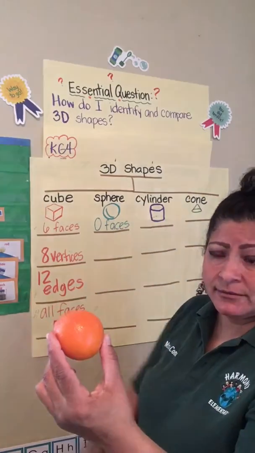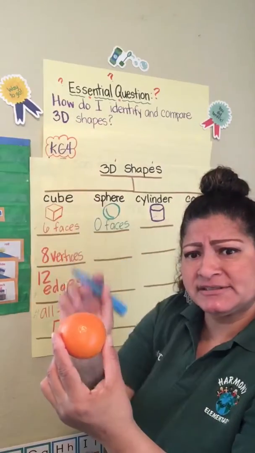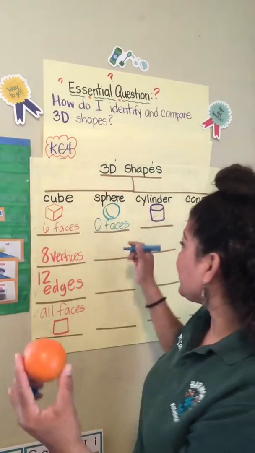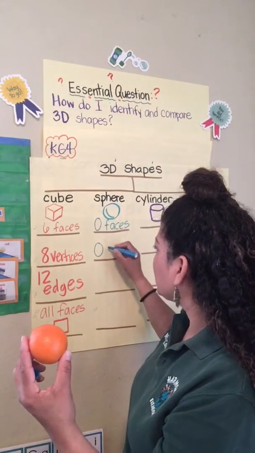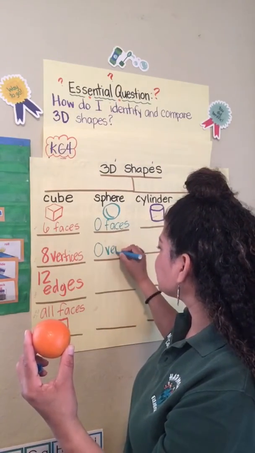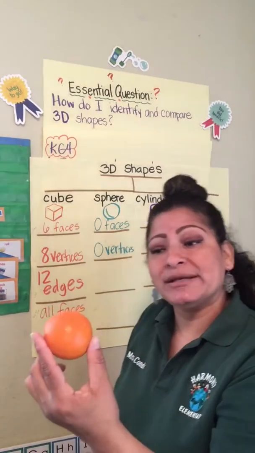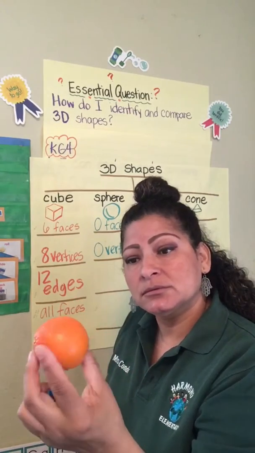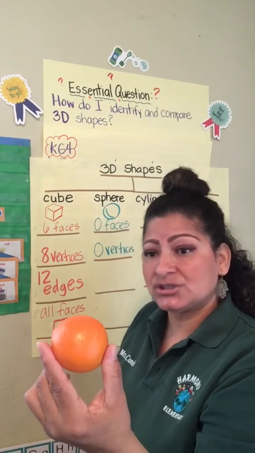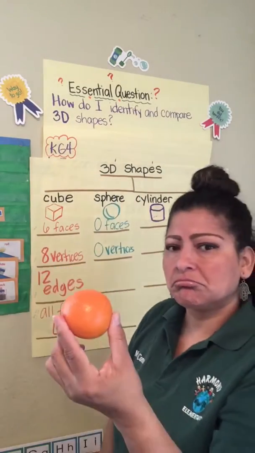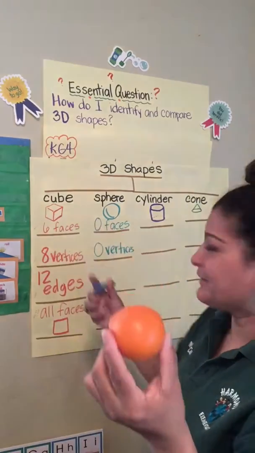How many vertices, corners? That's right, you are too smart. 0 vertices. Boys and girls, how many edges? 0 edges.